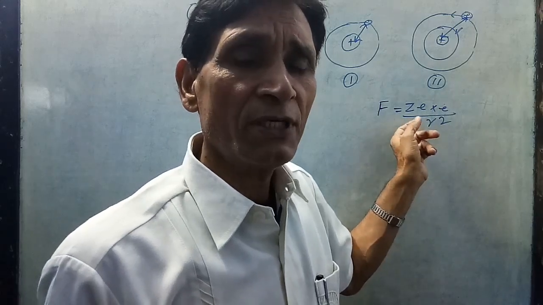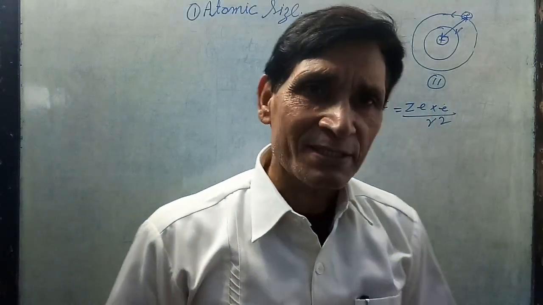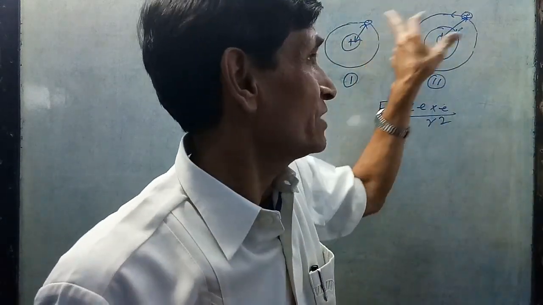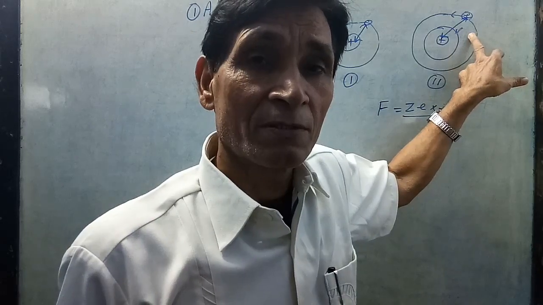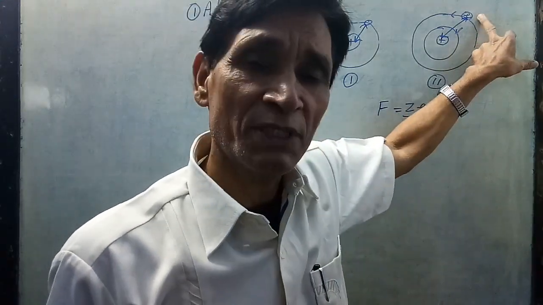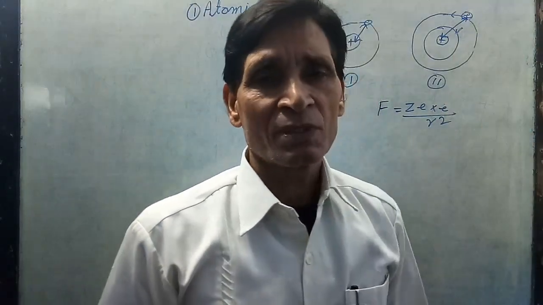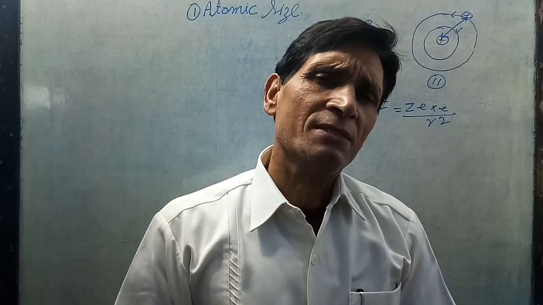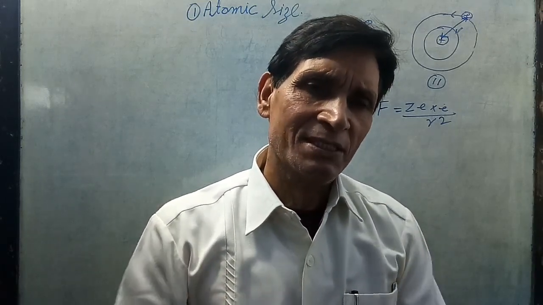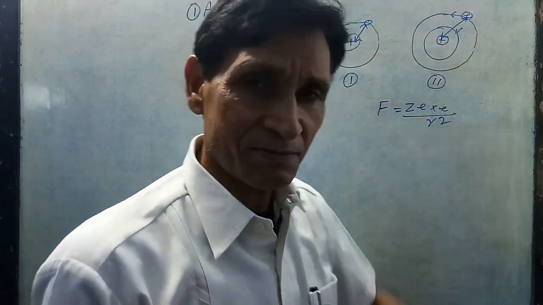Force of attraction will decrease. The energy required to overcome this force in comparison to this will be less if you are going to remove the electron. Thus, ionization energy decreases. In very short way, greater the atomic size, greater the atomic radius, lesser is the ionization energy.